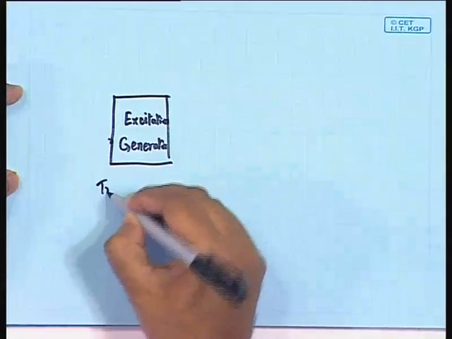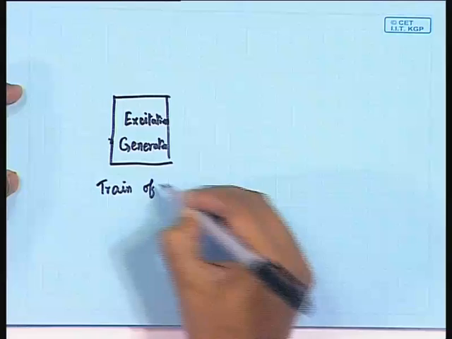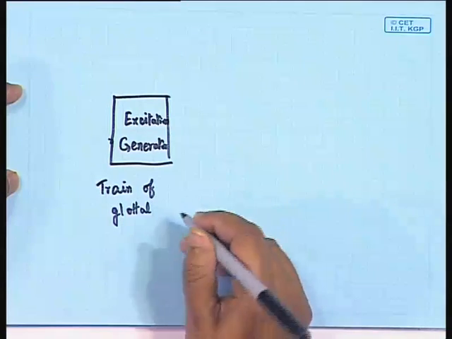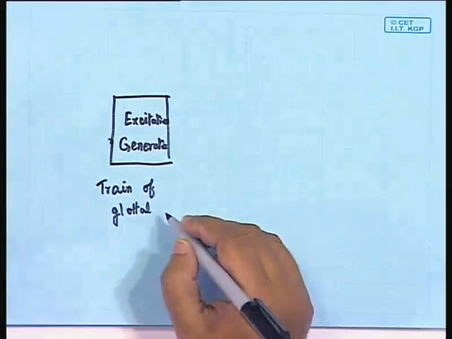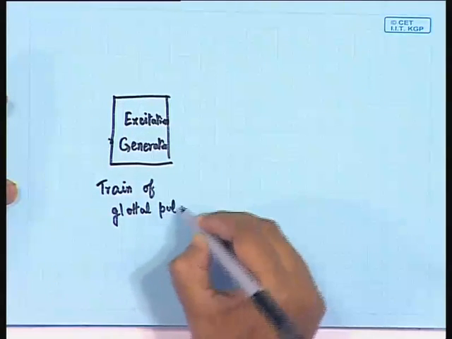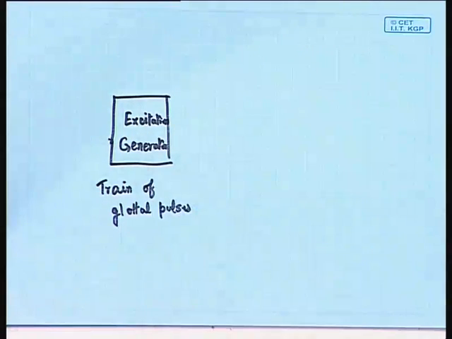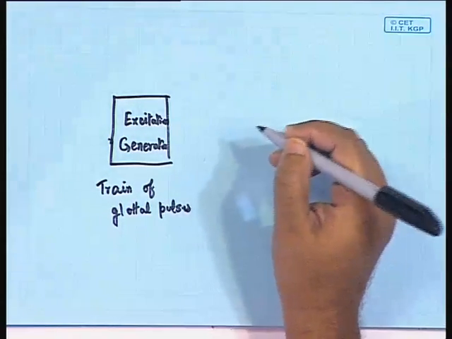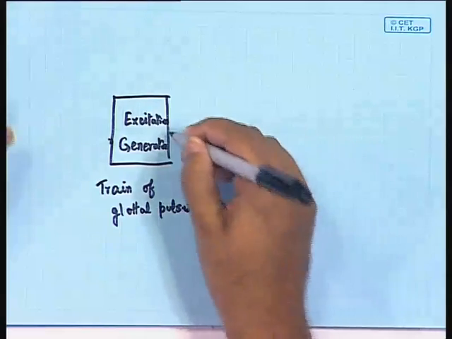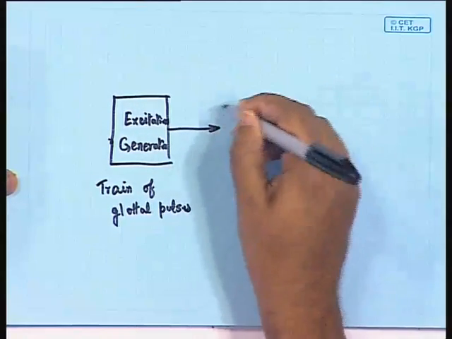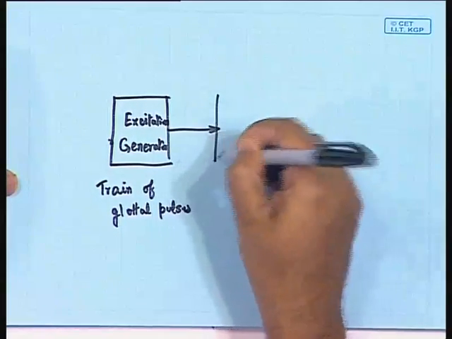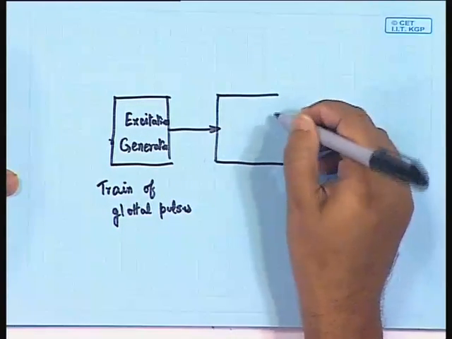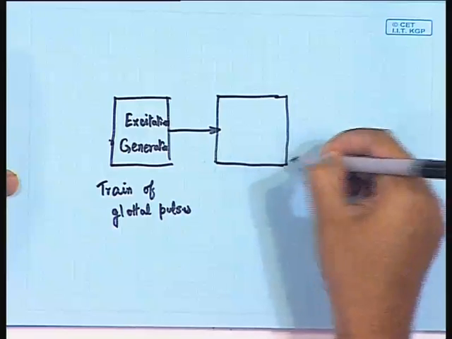One is that it produces a train of glottal pulses. Why train? Because as I was telling you, the glottal passage opens and closes quasi-periodically. So, you will be producing a kind of train of glottal pulses, okay. And at times your excitation generator is just a noise generator, and then the excitation generator output, the signal that you are producing, goes to the vocal tract.